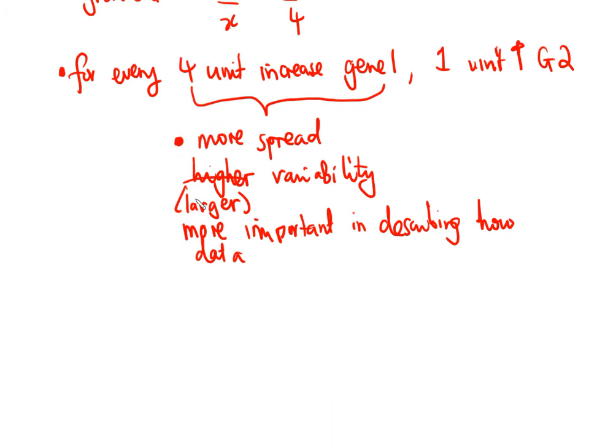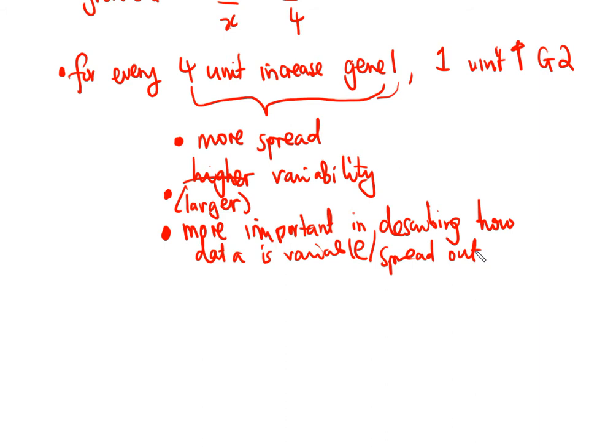According to PC1, data is more spread along the gene 1 axis compared to the gene 2 axis. The data has larger variability along the gene 1 axis, and gene 1 is more important in describing how data is variable or spread out. That's just coming from the gradient of the PC1.